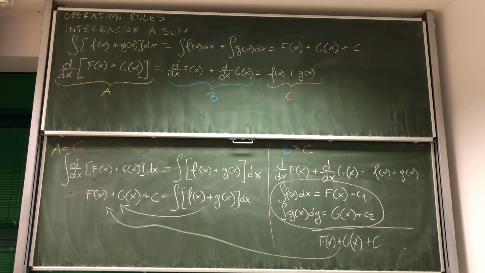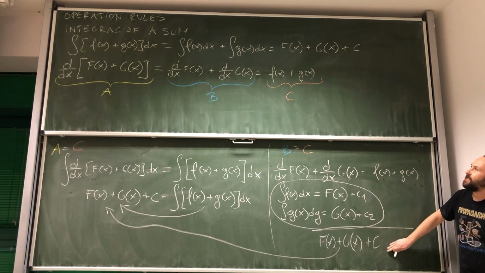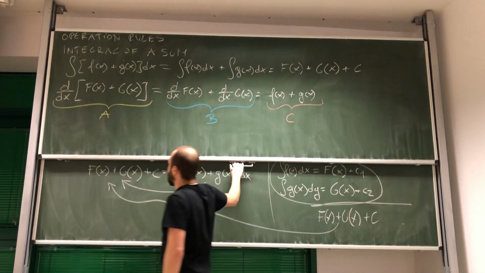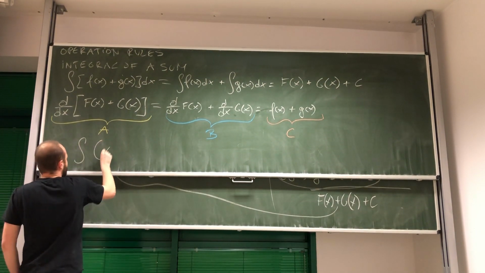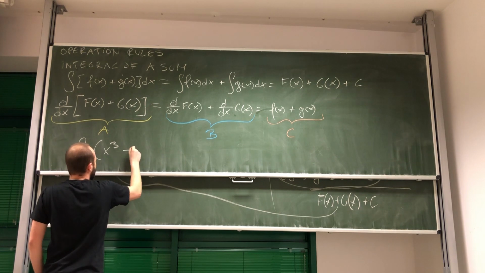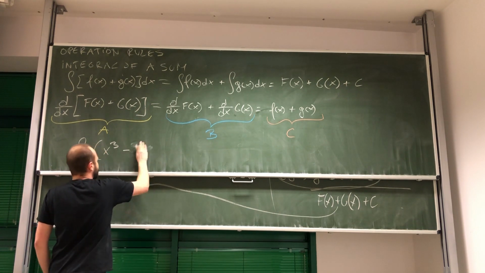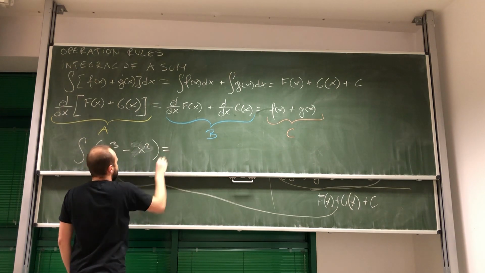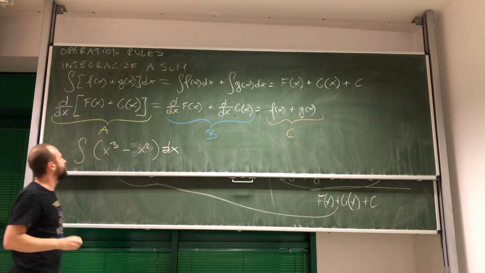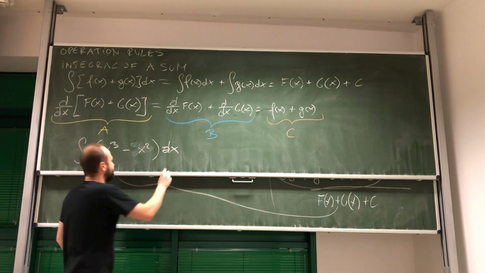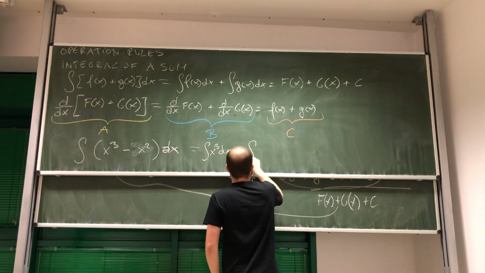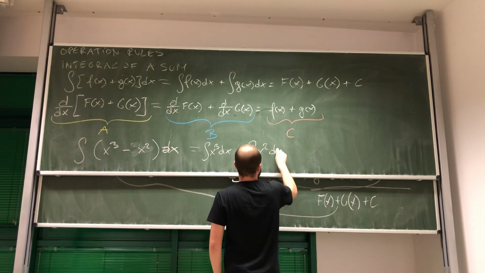Okay, so knowing this gives us one very important thing to remember. Look, if we have an integral to calculate, for example, the integral of x to the power of 3 plus x squared, how do we do it? We could write it as the integral of x to the power of 3 dx plus the integral of x squared dx.